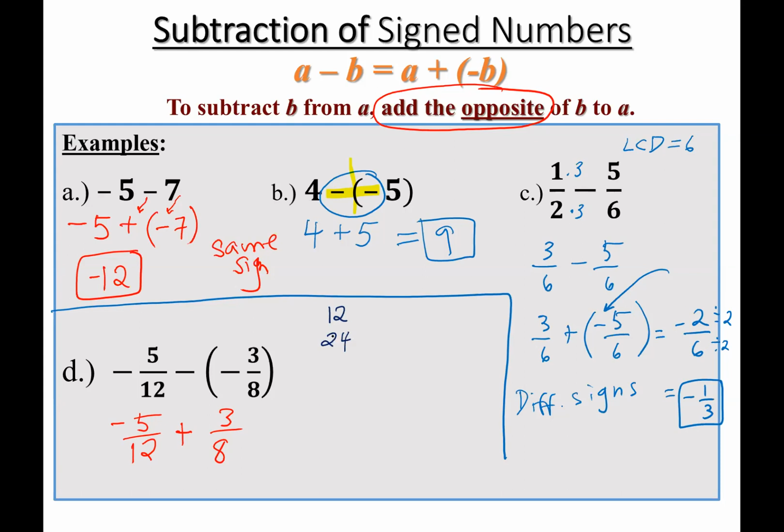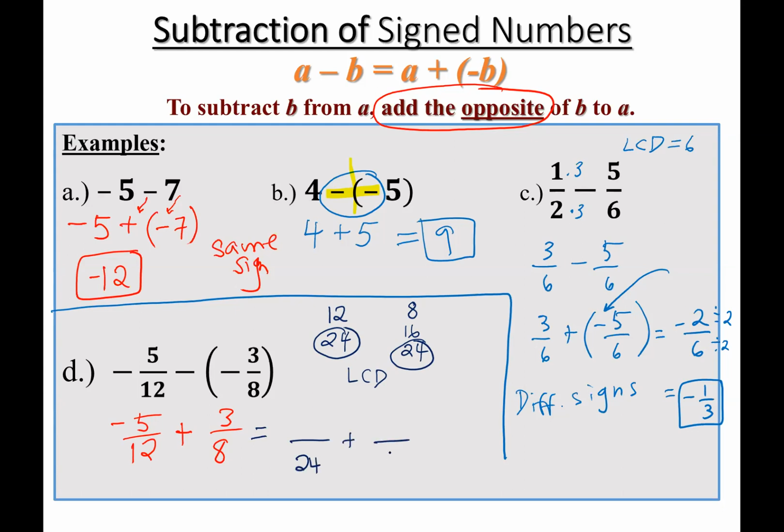And that's actually going to work because if I make a list of multiples of 8, 8, 16, 24, there we go. So 24 is the least common multiple of 12 and 8. So I can use that as the common denominator, the LCD. So let's rewrite the problem having a common denominator of 24.